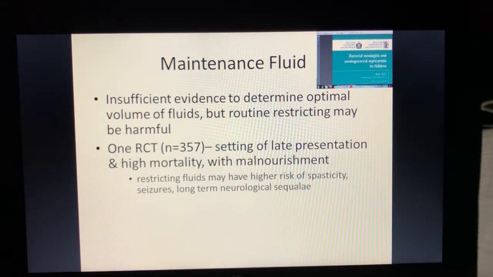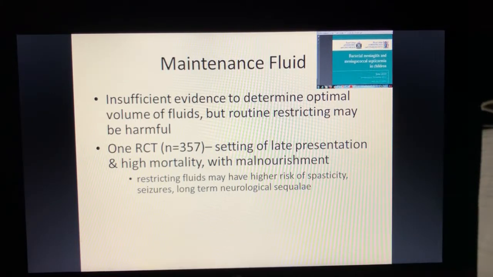The larger of these randomised controlled trials was actually done in Papua New Guinea, and this was 357 children. What they found was that significantly fewer children who were given maintenance fluid had spasticity or seizures in the short term compared with children given restricted fluids.